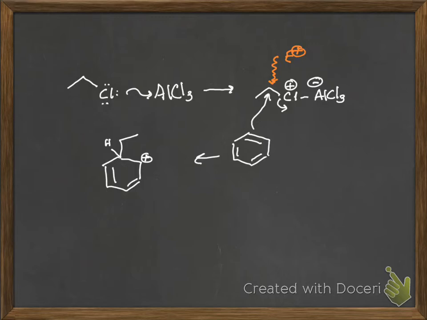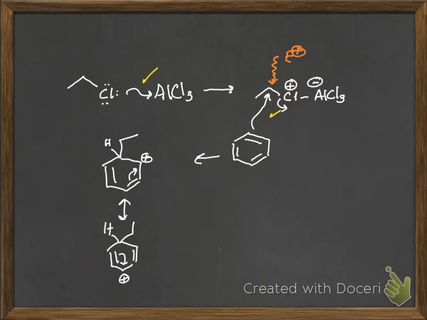Now, remember the steps to an EAS mechanism. Generation of the strong electrophile? Check. We did that. Nucleophilic attack from the aromatic ring onto the electrophile? Check. The next step is resonance, resonance, resonance. So the cation and the pi bonds, like the wheels on the bus, are going to go round and round till we get to here.